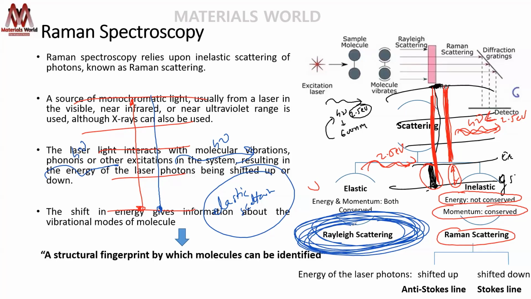So the material has this organic molecule. So we can use it as a structural fingerprint to identify the molecule. Got my point? Later on, we'll see the different increases and decreases in energy. Rayleigh is not our concern. Our concern is Raman, energy lost, either increased or decreased, energy lost in the system. That is our concern. Okay, so we filter it out.